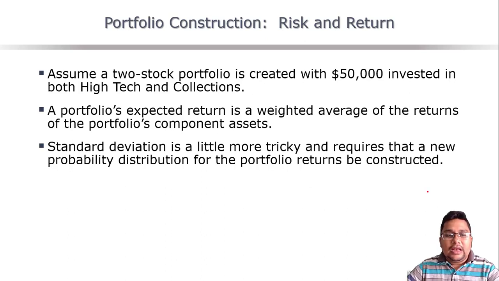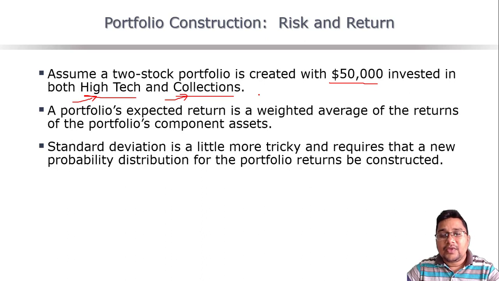To illustrate, let us assume a two-stock portfolio where we are investing $50,000 in two assets. One is high-tech and another one is collections. So let us assume that these are the shares of two companies, shares of high-tech and shares of collections. We are investing 50,000 in high-tech shares.